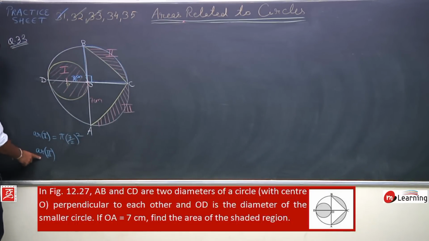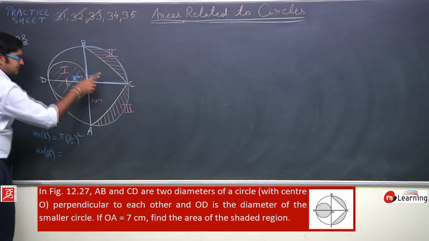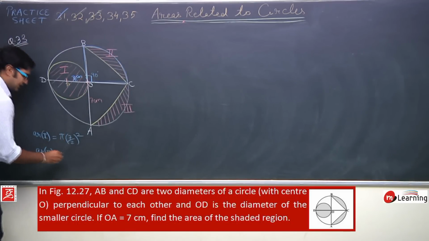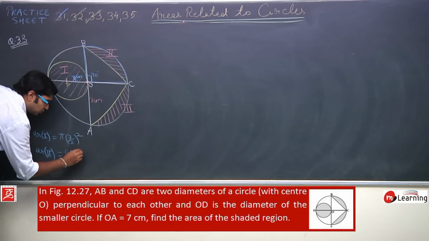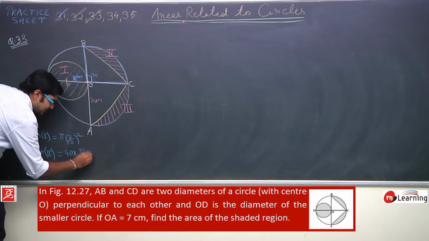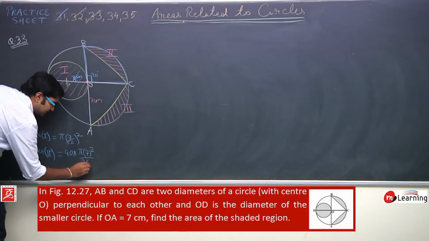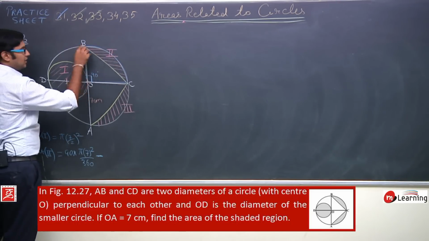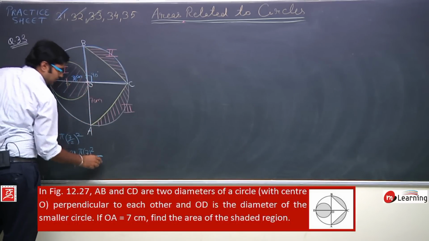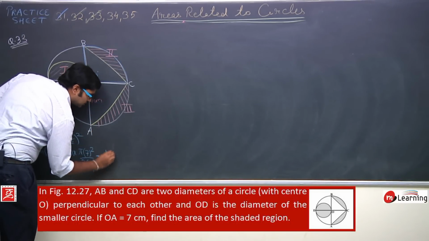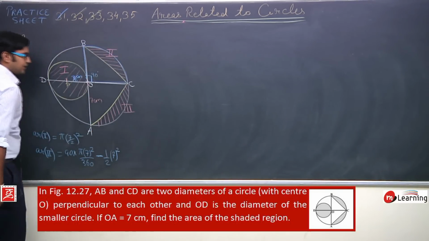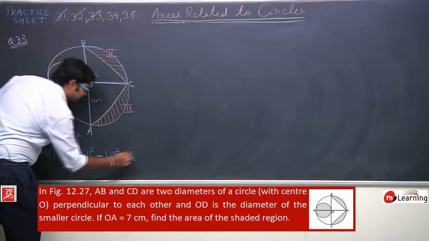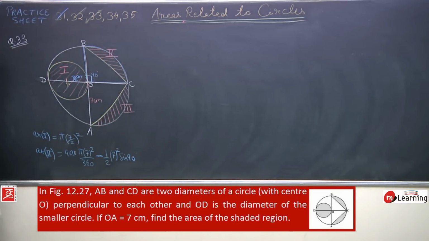Now what is the area of this sector? This angle is 90 degrees. So the area of the sector is 90 into pi into 7 square upon 360, minus the area of triangle OBC. The area of triangle OBC is half into r square, that is 7 square, into sine of angle 90. So this is the area of region 2.